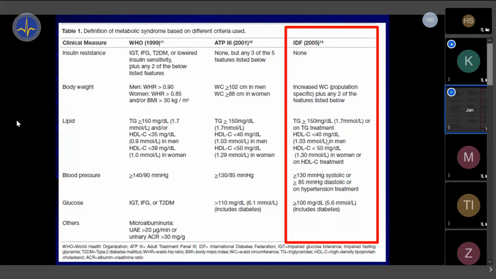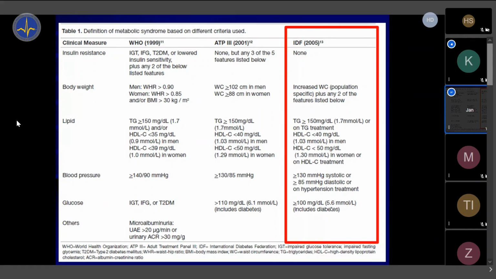Of course, if someone takes medication, the blood pressure measured in the office is normal, but we classify it as having hypertension because the patient is treated. But the key feature is that the abdominal obesity needs to be present, and then we need to find two of the other features listed here: glucose, blood pressure, lipids.